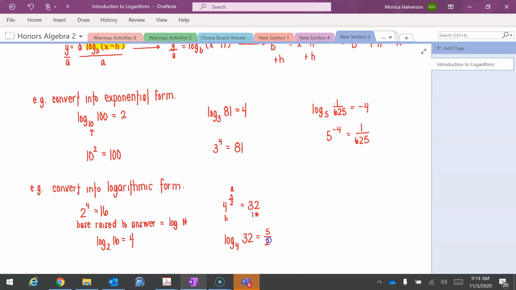Convert 1/2 to the -2 equals 4 into logarithmic form. If we did this one correctly, okay, base raised to the answer equals the logarithmic number. So log base 1/2 of 4 equals -2.